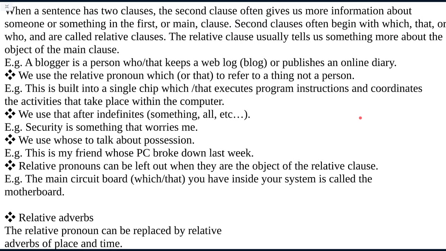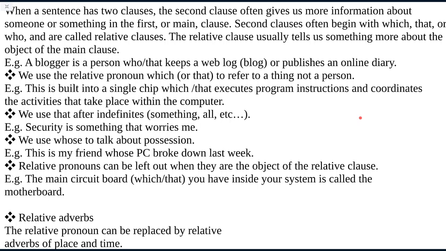So we use relative pronouns like which or that to refer to a thing or another person. Which is only used for things, not people. However, that can be used for both.